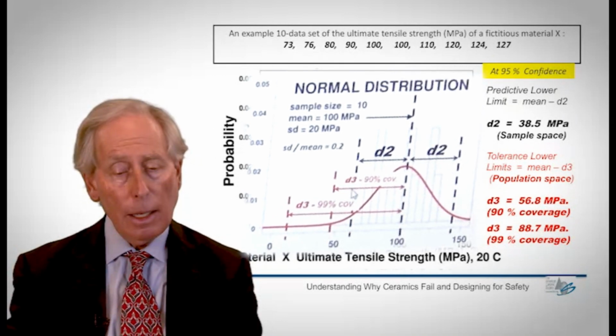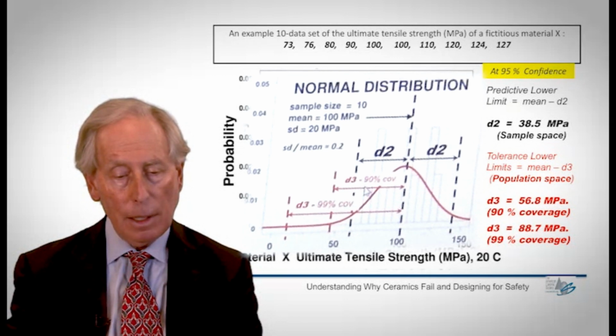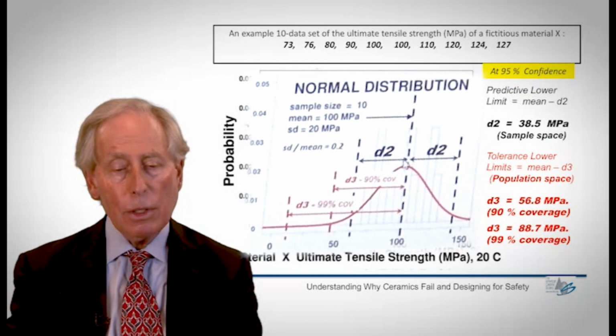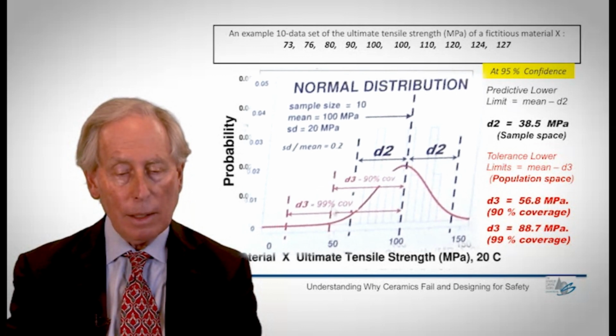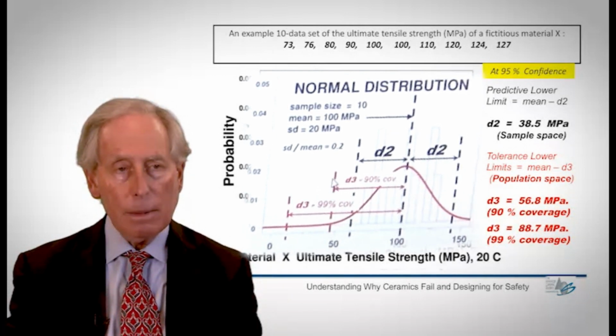And you can see here, if I want 90% confidence limits, the D3 is 56.8 megapascals. In other words, I reduce the mean in the set of specimens, the lower limit of that set of specimens, by something of the order of 57 megapascals. So the lower limit to strength is here. That's the lower limit, what I should expect in my entire set of components.